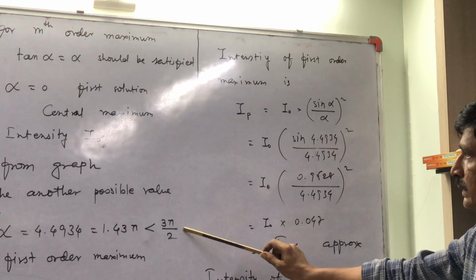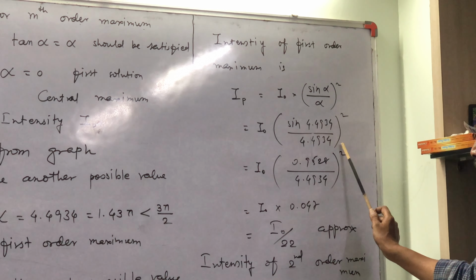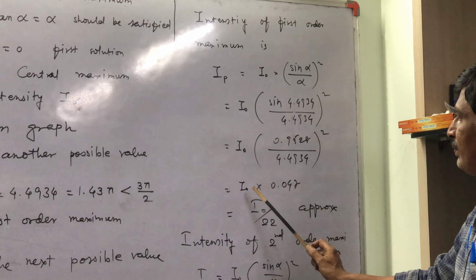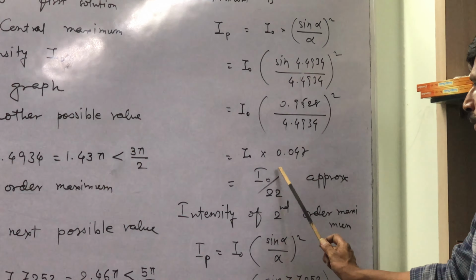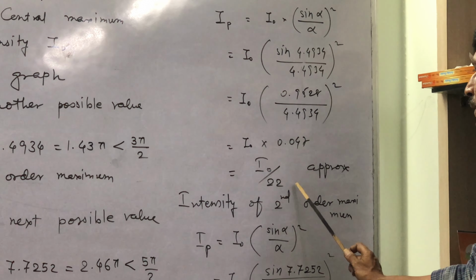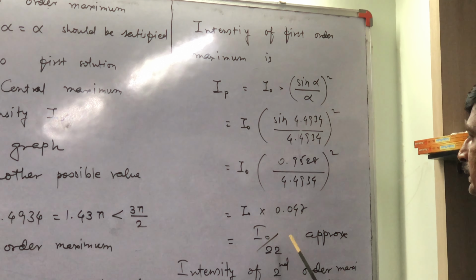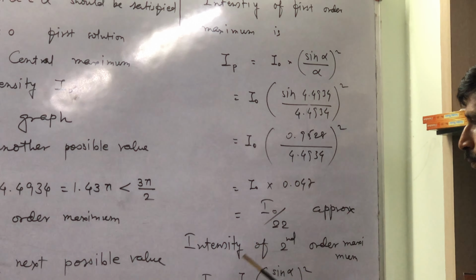If you put sin 4.4934 upon 4.4934 squared, after using scientific calculation, we have I₀ into 0.047. In fraction form, we can write approximately I₀ by 22. So the intensity of first order maximum is 1 by 22 times that of the central maximum.